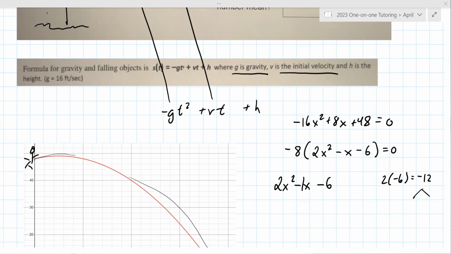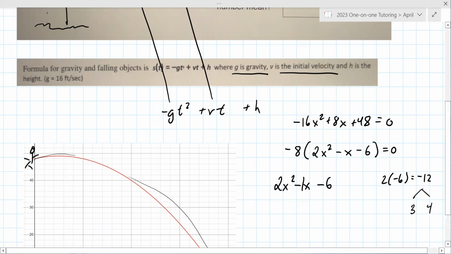They got to multiply to -12, so those multiply to -6. You're close. It's a 4 and a 3. Which one's positive? Which one's negative? -4 and 3. Yes.